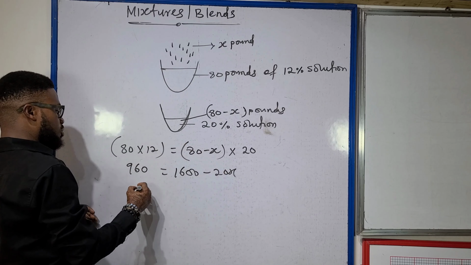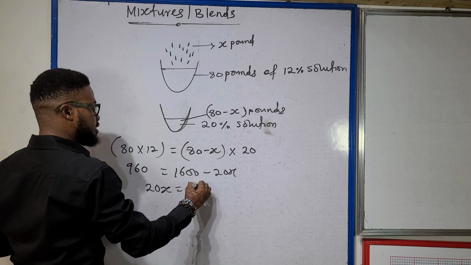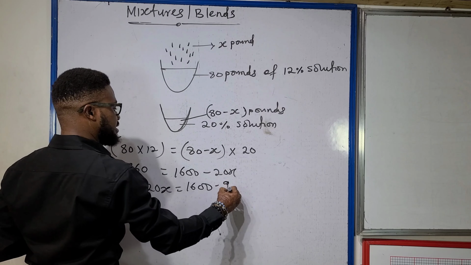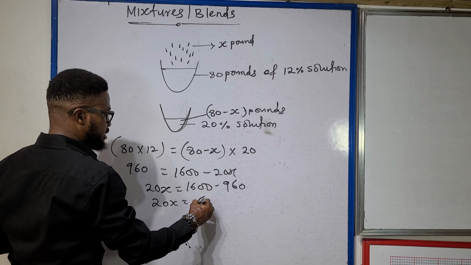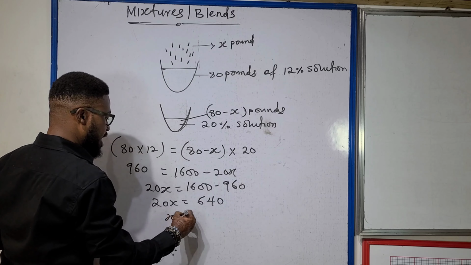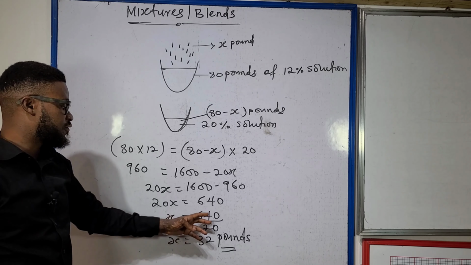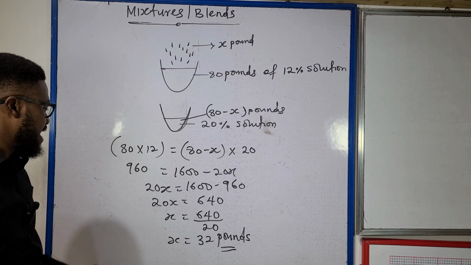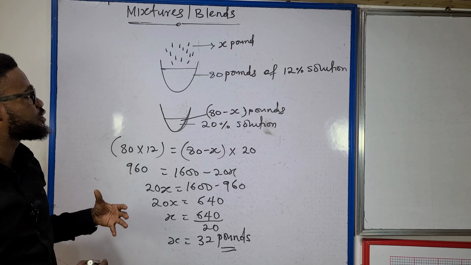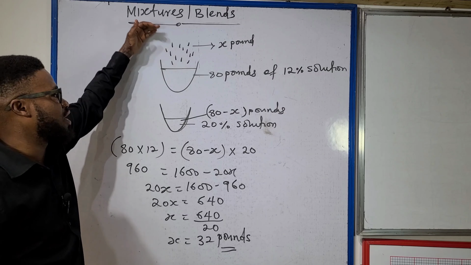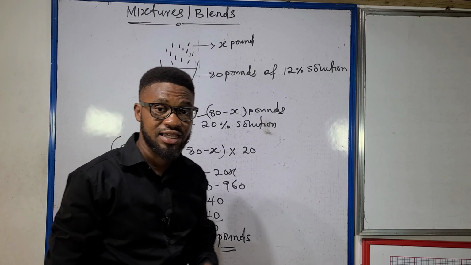Minus 20x comes here, we have plus 20x; 1,600 moves here, minus 960. So we have 20x equals 640. So x equals 640 divided by 20, so x equals 32 pounds. That is the amount of water that must be evaporated for us to have a 20% solution. And that ends that question.